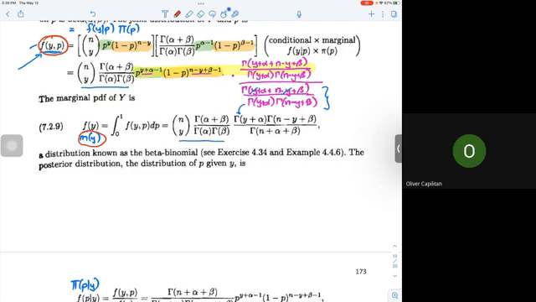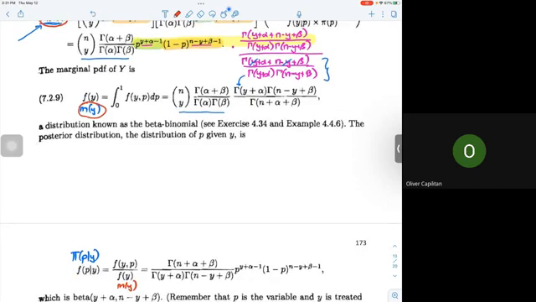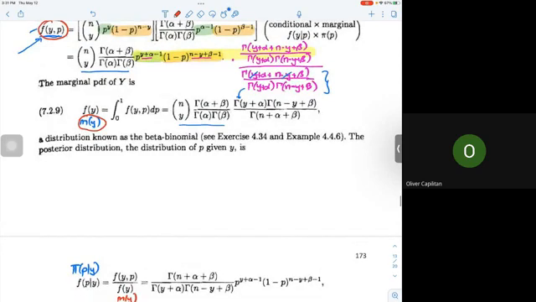Gamma of alpha and then gamma of beta will cancel. If we look at this fractional expression, f of y over p, the one with gamma of n plus alpha is in the denominator, supposedly this m of y in the denominator. So its reciprocal, we have gamma of n plus alpha plus beta divided by gamma of y plus alpha, gamma of n minus y plus beta. So this part still remains.